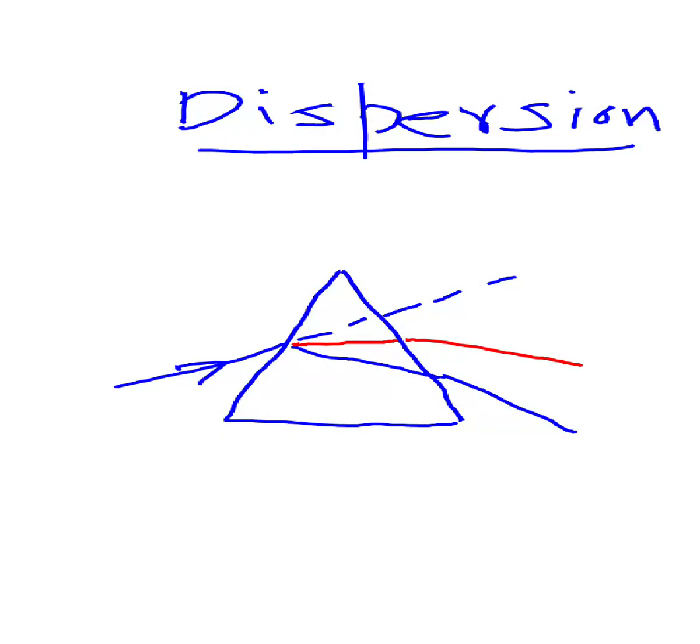Okay, yellow at least I can draw. Okay, green is there, something of that sort. Blue is there, and violet I do not have. Okay, but this is red, red, red, and this is, in a way, violet.